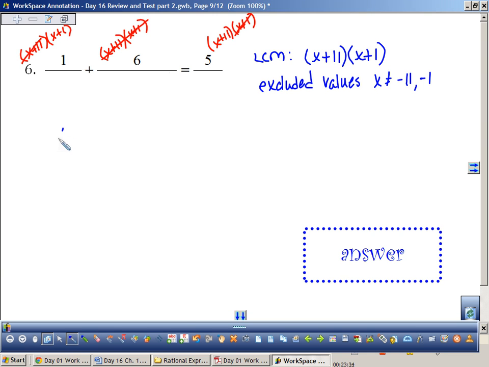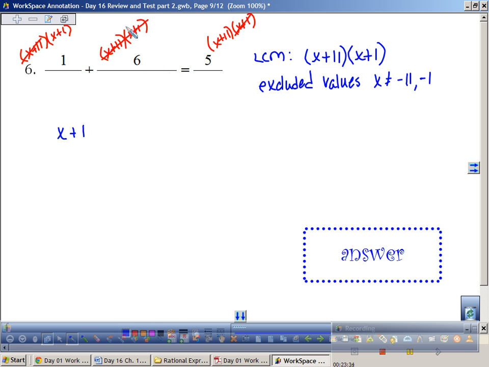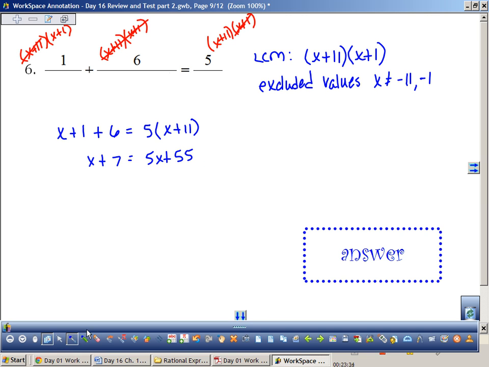X plus 1 times 1, which is just X plus 1. What about here? Plus 6, nothing else, right? Equals 5 times X plus 11. So this is X plus 7 equals 5X plus 55.